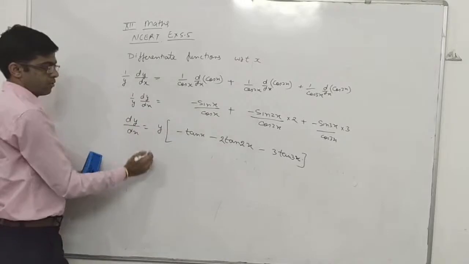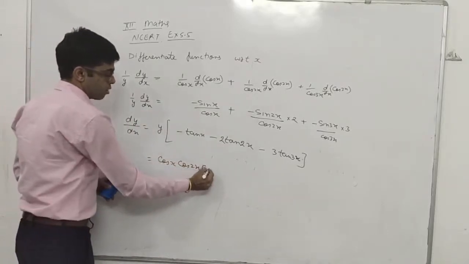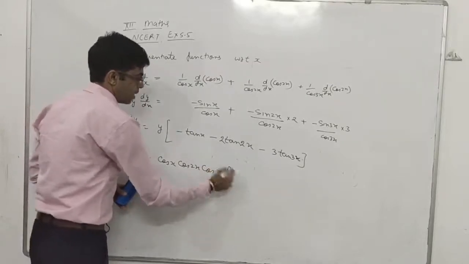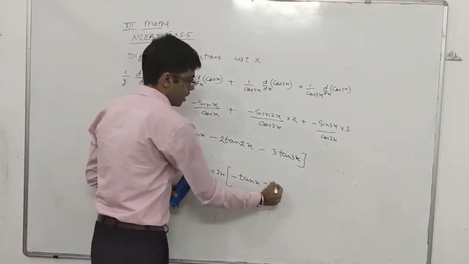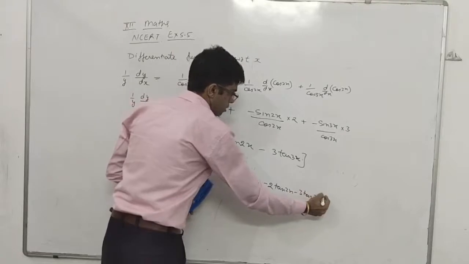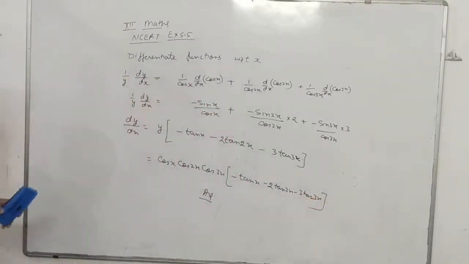So the answer is cos x, cos 2x, cos 3x multiplied by minus tan x, minus 2 tan 2x, minus 3 tan 3x. So this is the final answer.